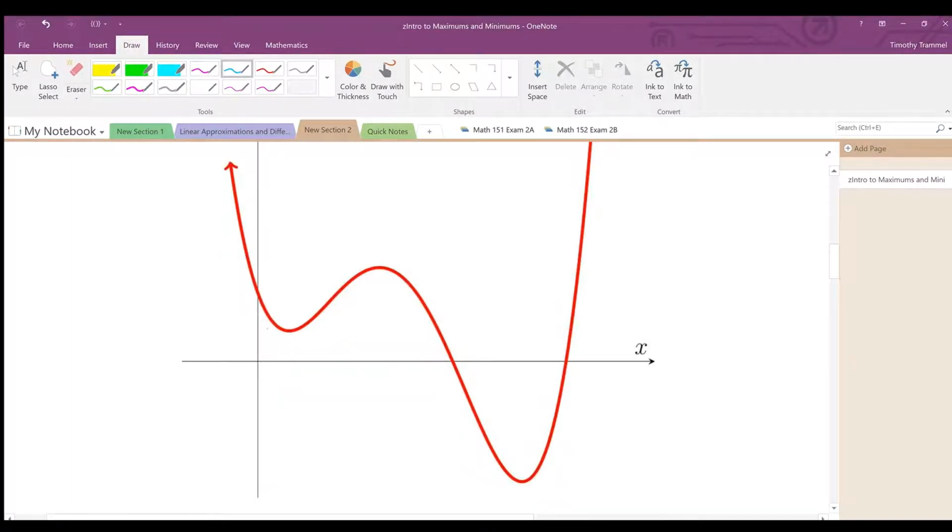So you may notice that this graph here actually has two valleys, okay? And one is lower than the other, but note that right here, this point is smaller than all the points near it, right? So this is called a local minimum.